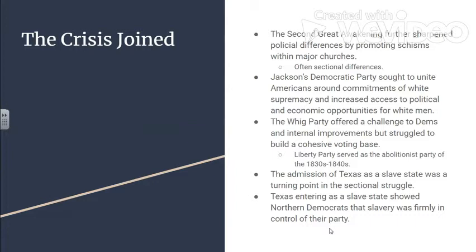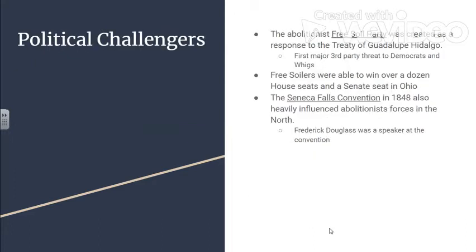And so you begin to see a split, which is going to be even further driven home with the Kansas-Nebraska controversy, amongst the Democratic Party, in which Northern Democrats tend to see their political party being run by Southern Democrats, who were obviously the pro-slavery party.